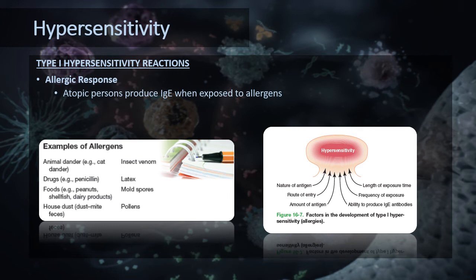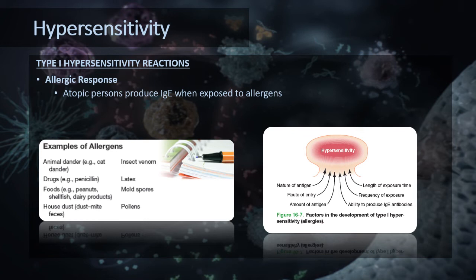For allergic responses, an atopic or allergic person produces IgE when exposed to antigens which can cause allergies and are termed allergens. The severity of the allergic response is dependent on factors like the nature of the antigen, the route of entry, amount of antigen, the ability to produce IgE antibodies, frequency of exposure, and length of exposure time.